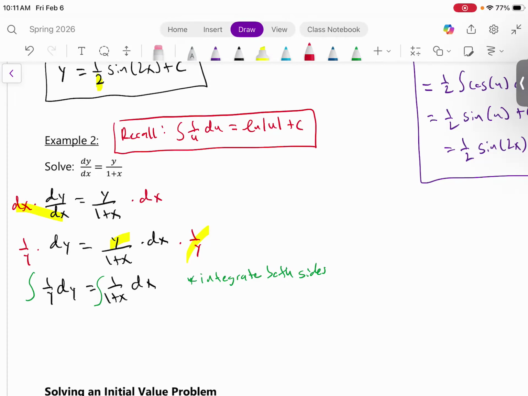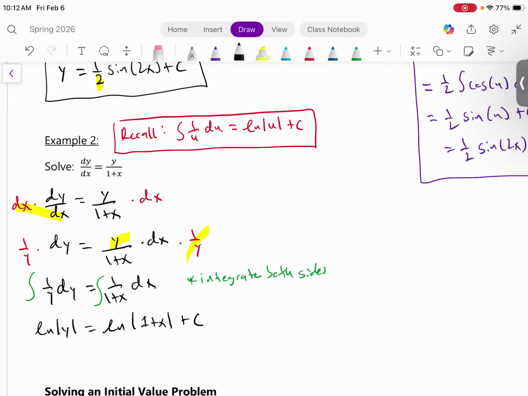So the integral of 1 over y dy would be natural log of y, and the integral of 1 over 1 plus x would be natural log of 1 plus x plus c. Now we want to solve for y.